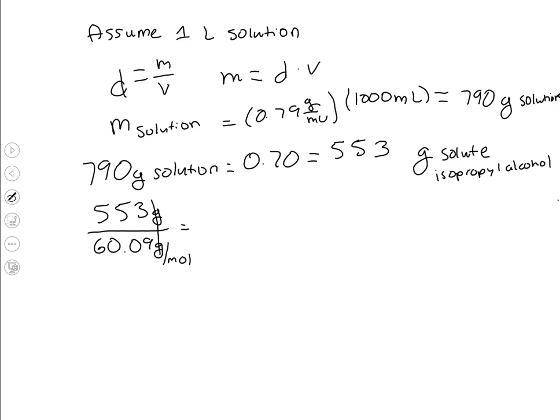We'll be left with moles of isopropyl alcohol, which is our solute. How many moles do we have? Yeah, 9.2 moles of solute.